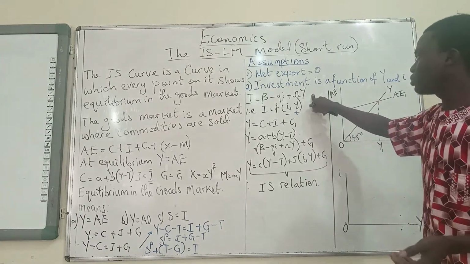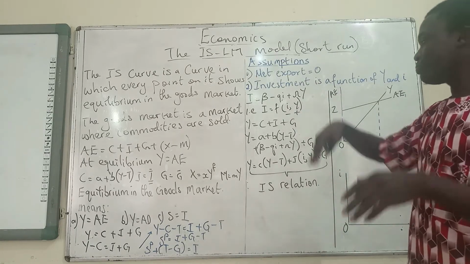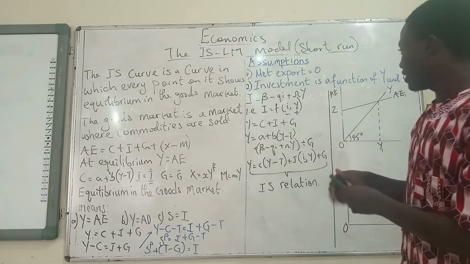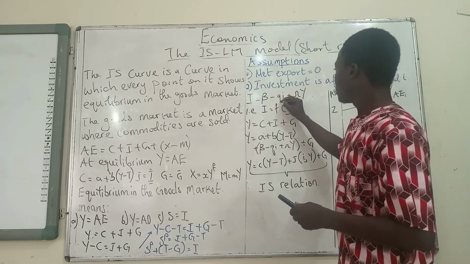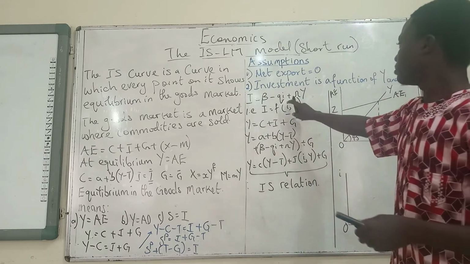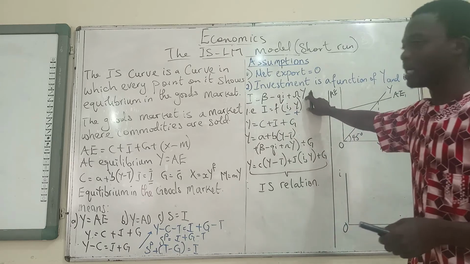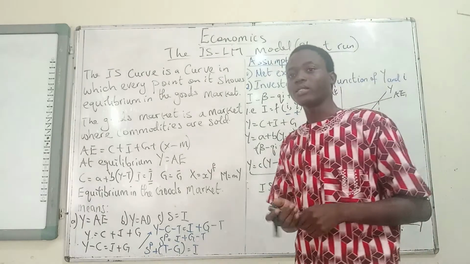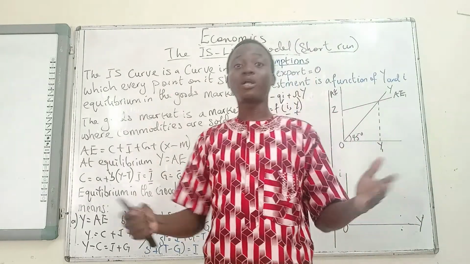So investment is a function of interest rates. It has a negative relationship with interest rates and a positive relationship with output. Now, when output rises, the income of everyone responsible for the output rises.